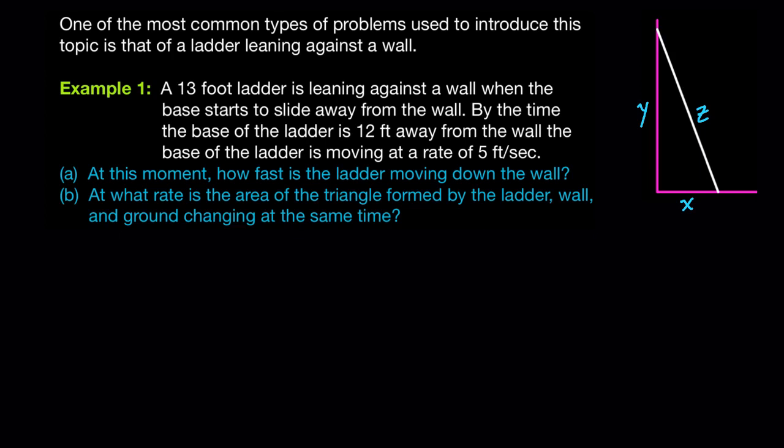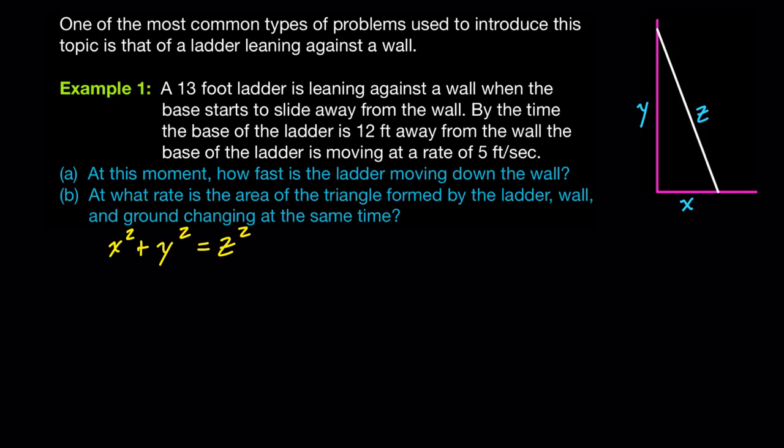Now, if we want a formula that relates the three sides of this triangle together, that formula would be the Pythagorean theorem, where x squared plus y squared equals z squared. So that formula relates these three sides together.